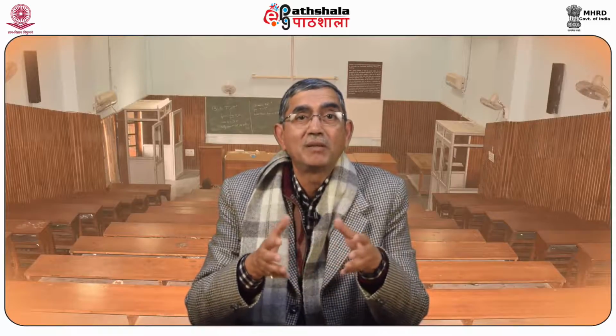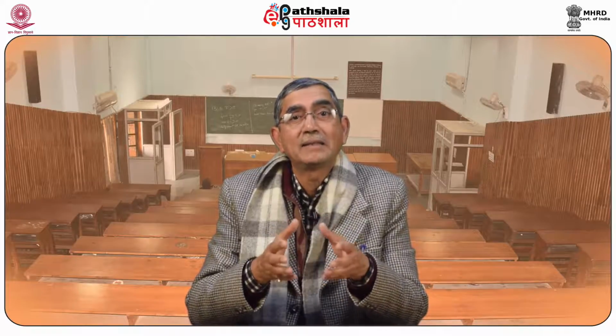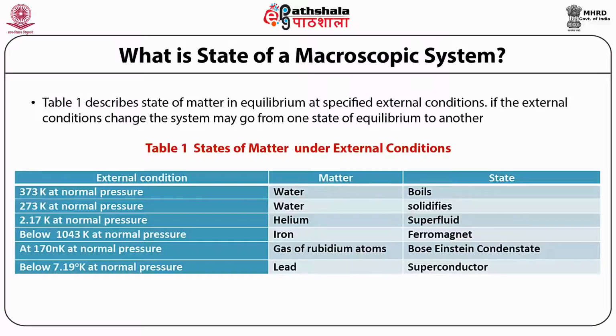A macroscopic system consists of a large number of particles, say N, very much greater than 1, under a given physical condition in a particular equilibrium state described by various parameters such as pressure P, temperature T, magnetic field H, etc., which can be tuned from outside as external conditions. This table which you are looking at describes the state of matter in equilibrium at specified external conditions.